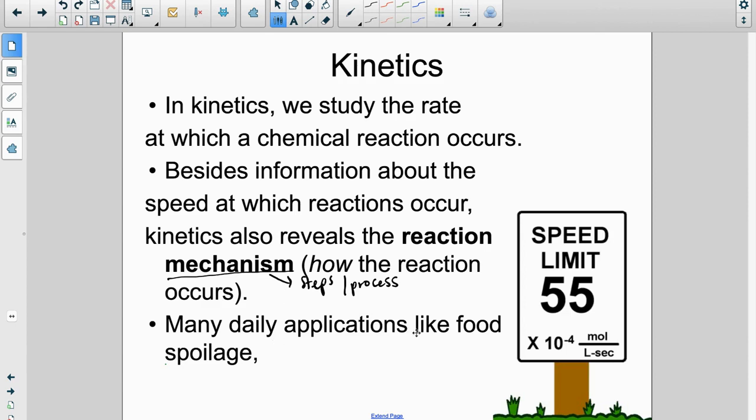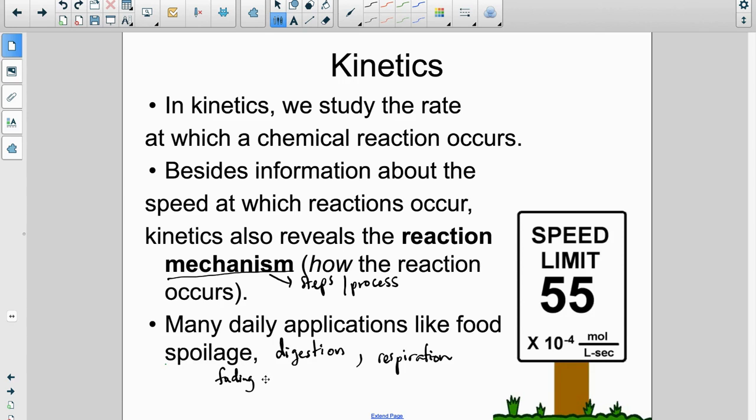There are many daily applications like food spoilage. In class, somebody mentioned digestion, respiration. The rate at which you use up your glucose, your sugars, your food is governed by kinetics. Other things like the fading of colors.